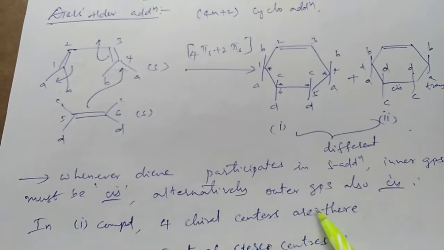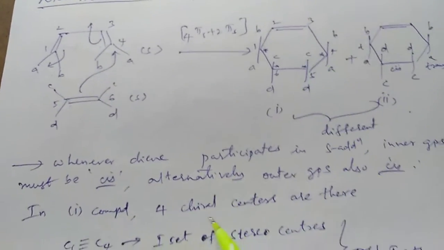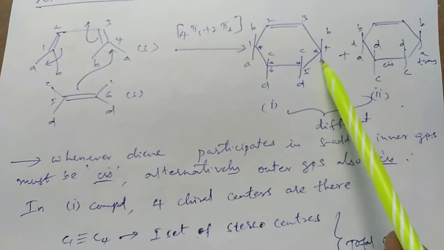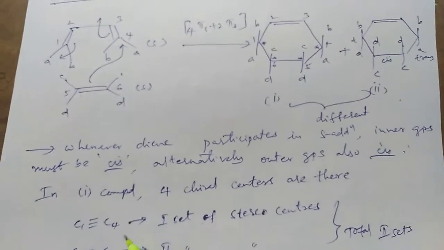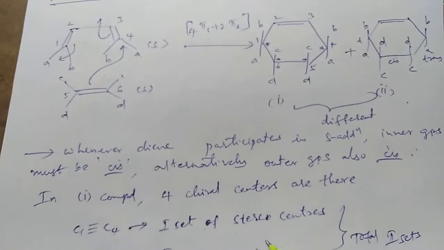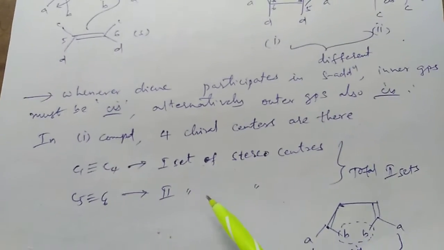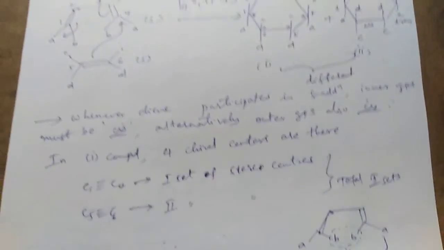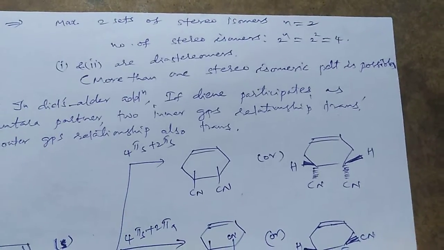Alternatively, the outer groups are also cis. In the first compound, there are 4 chiral centers: 1, 2, 3, 4. If C1 is equal to C4, that is the first set of stereo centers. And if C5 is equal to C6, these are the second set of stereoisomers. In total, 2 sets of isomers are possible for the above compound, a maximum of 2 sets of stereoisomers.